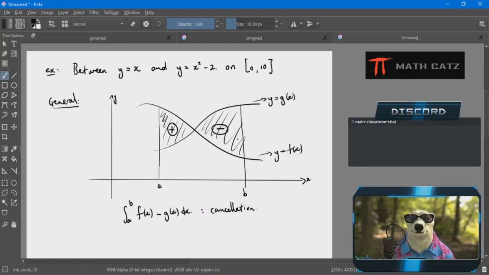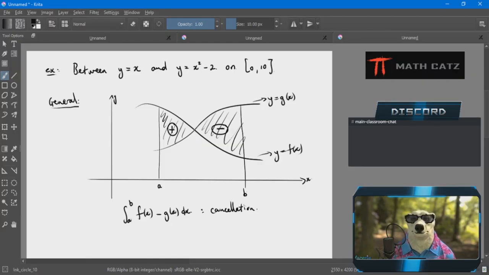So if they cross each other, I have the same kind of issue as before. Before, the other graph was the x-axis, and the graph crossing the x-axis was essentially the same as this. This is now just a little bit more general.